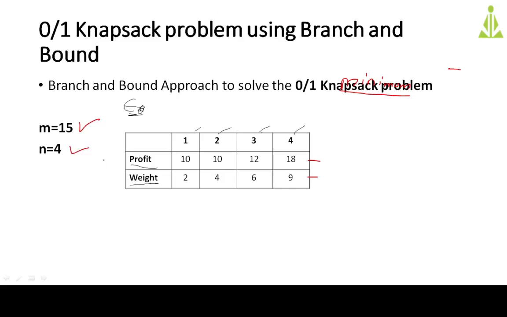After adding the items, the total bag capacity should be 15. We have already completed the 0/1 knapsack problem using dynamic programming, but now we are using the branch and bound technique on the same problem.